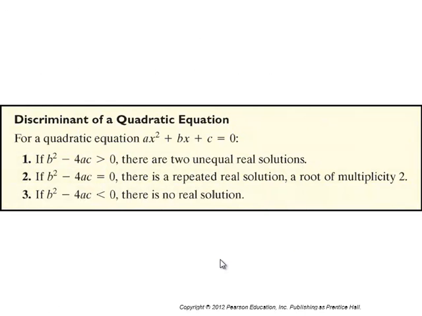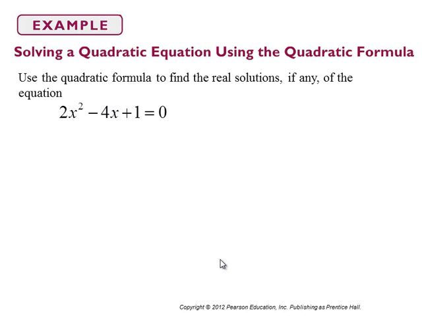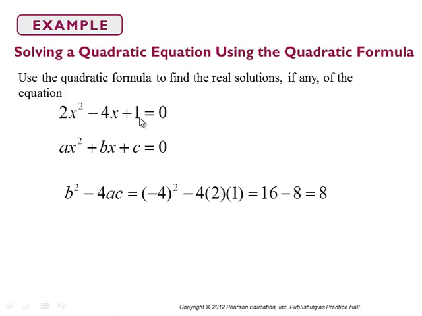All right, so let's take a look at our first example here. Suppose that we have 2x squared minus 4x plus 1 equals 0. Identify a as 2, b as negative 4, and c is equal to 1. And go ahead and plug those numbers into that discriminant b squared minus 4ac.